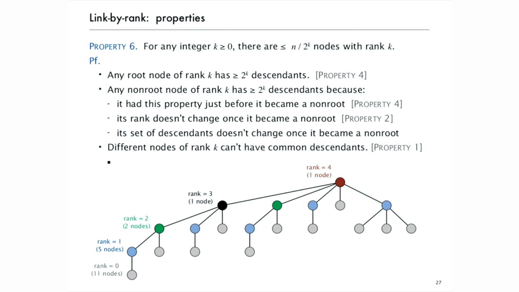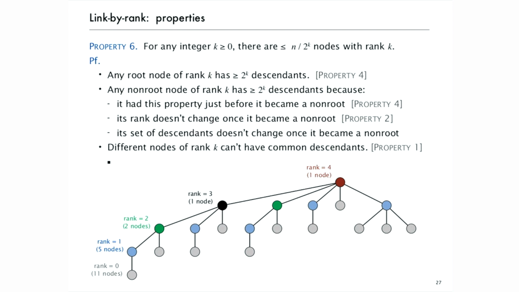Each of them has a subtree rooted at it, which contains 2 power k objects. So Q times 2 power k should be less than or equal to the total number of nodes in my graph. That implies Q is less than or equal to n divided by 2 power k. That's it, right? This is why we were trying to say they are disjoint. Otherwise, I cannot say this.